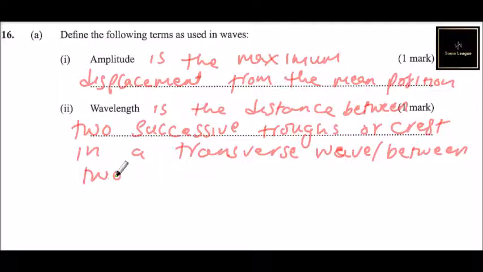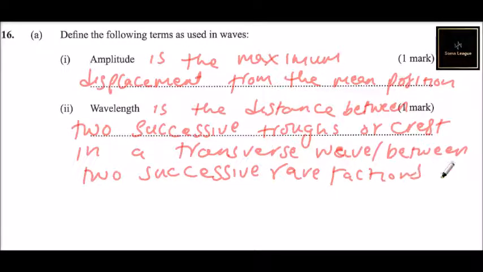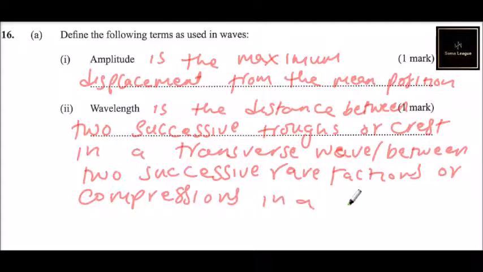And we can say it's also the distance between two successive rarefactions or compressions in a longitudinal wave. So we have two types of waves.